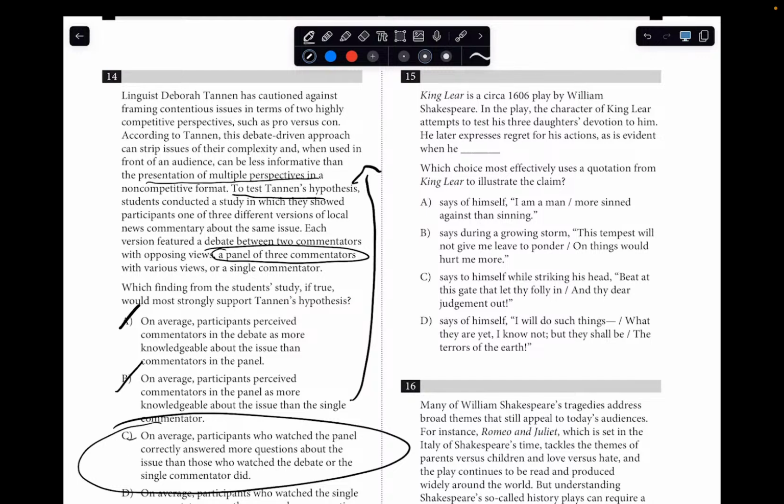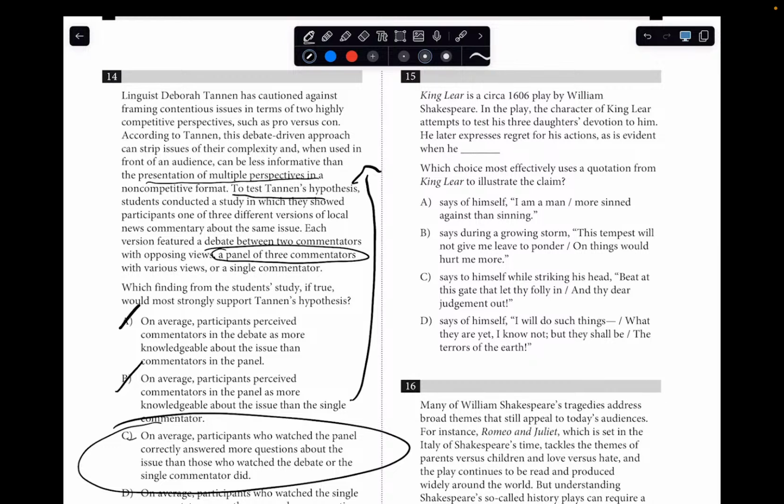15. King Lear is a 1606 play by William Shakespeare. In the play, the character of King Lear attempts to test his three daughters' devotion to him. He later expresses regret for his actions, as is evident when he blank. Which choice most effectively uses a quotation from King Lear to illustrate the claim?